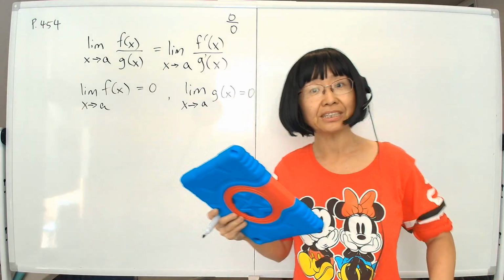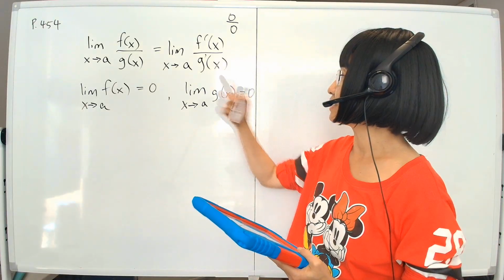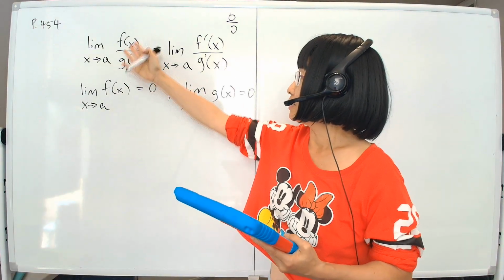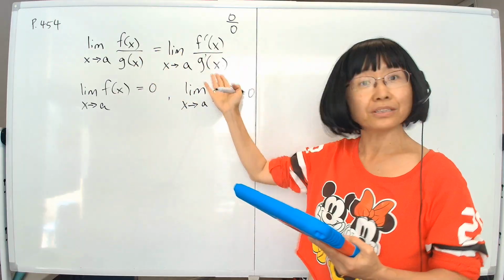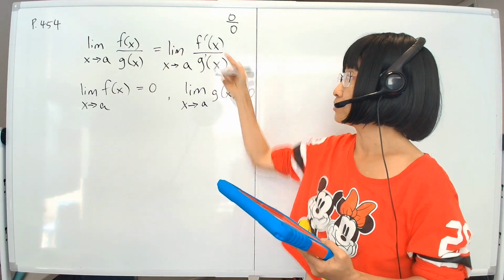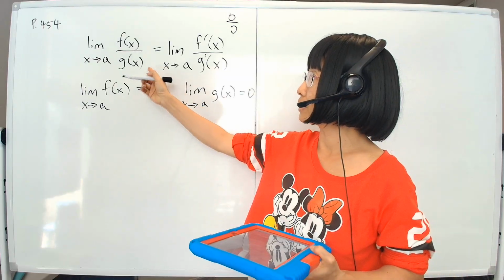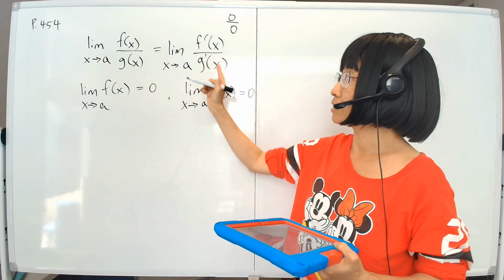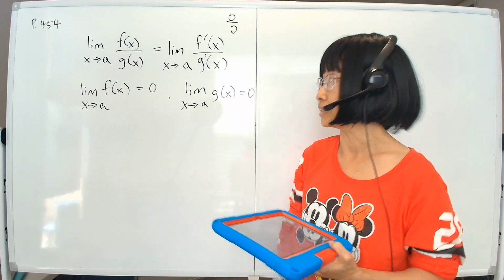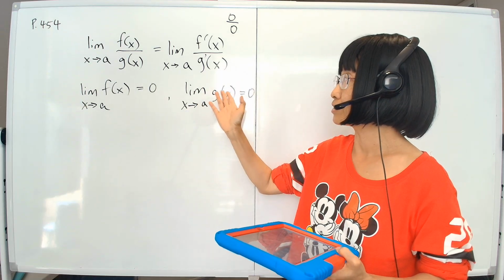When that is true, we have the interesting situation that this limit is the same as if you were to take the derivative of the numerator and the denominator. And to be clear, do not confuse L'Hopital's rule with the quotient rule. The quotient rule is a completely different story.